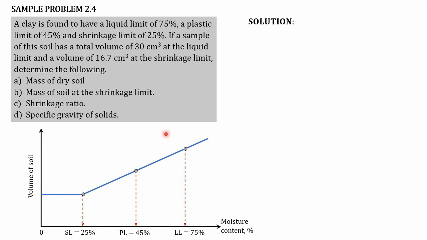And in this problem, if a sample of this soil has a total volume of 30 cubic centimeter at the liquid limit, meaning the volume at the liquid limit is equivalent to 30 cubic centimeter.